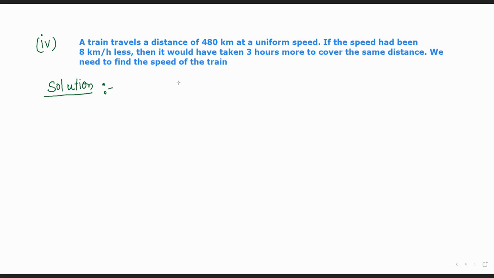So let's say this is the total distance covered by this train, that is 480 km. If the speed had been 8 km per hour less, so now they have told that the new speed is less by 8 km per hour.